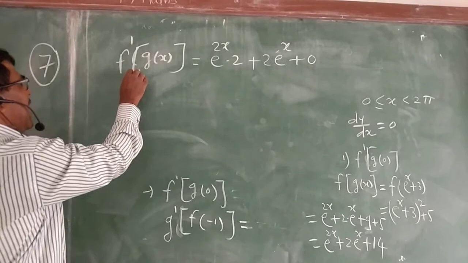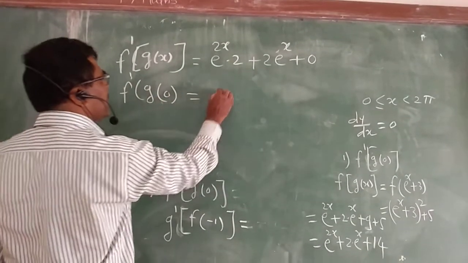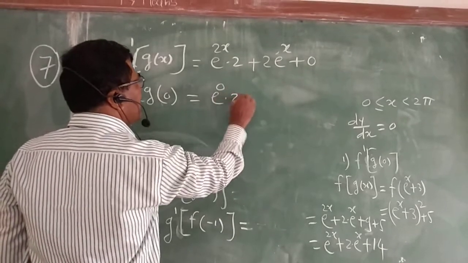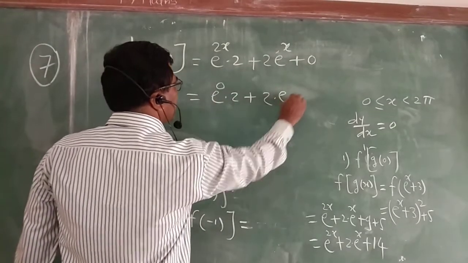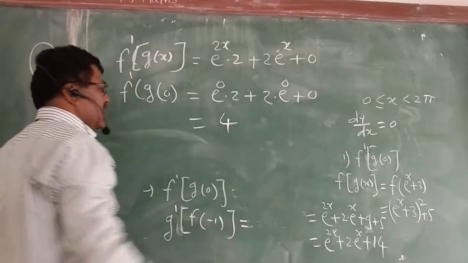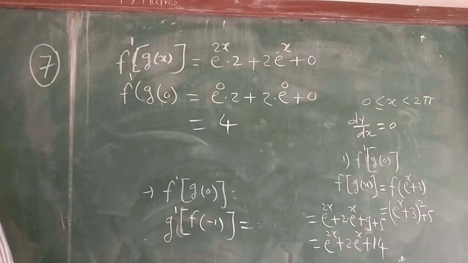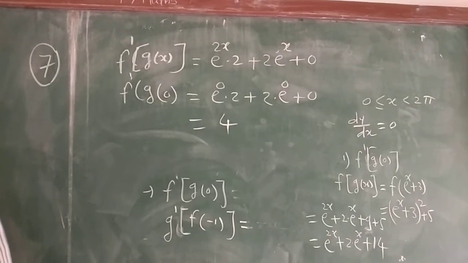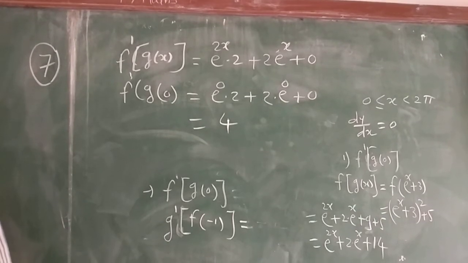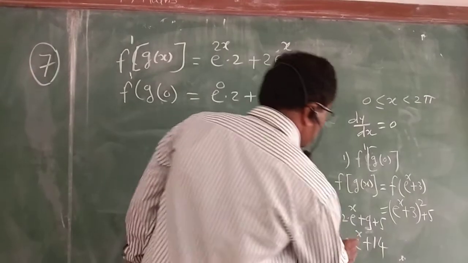Now f dash g of 0 equal to e raised to 0 into 2 plus 2 into e raised to 0 plus 0. That is equal to 6 e raised to x, 2 3s are 6.